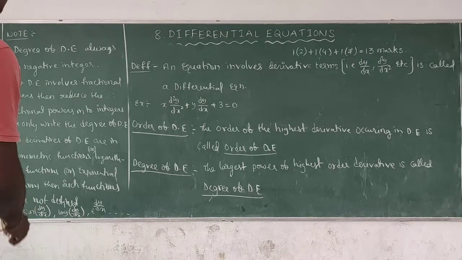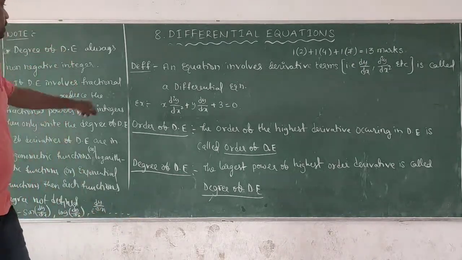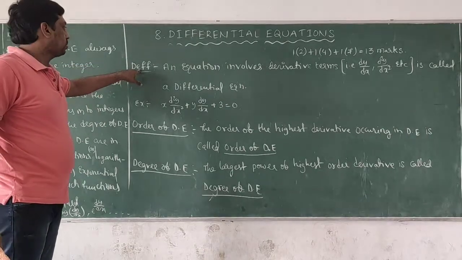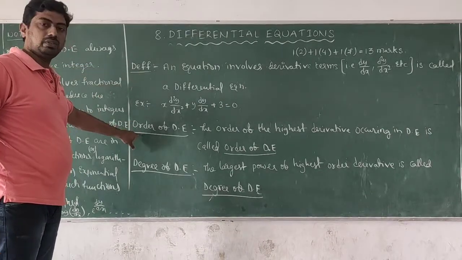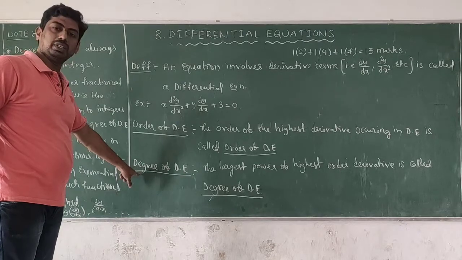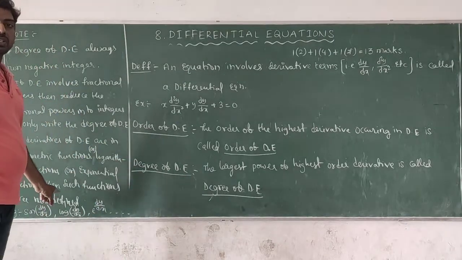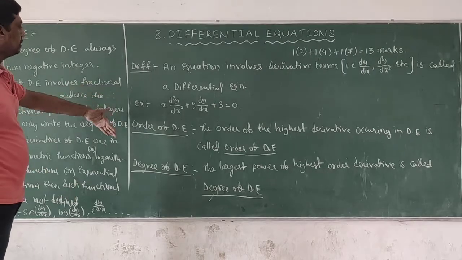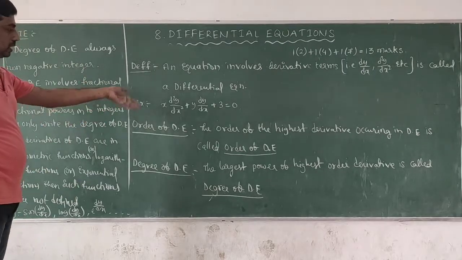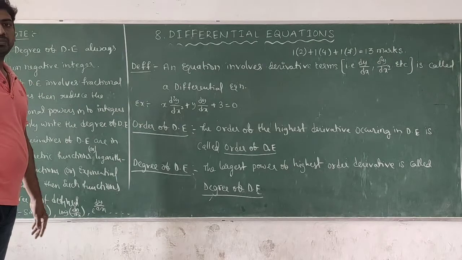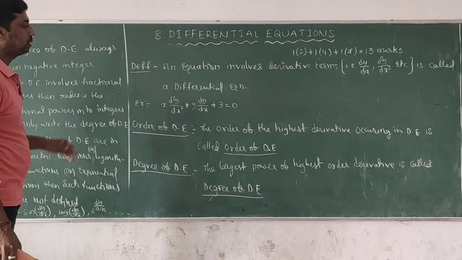Okay, students, now write the notes. This is the definition of a differential equation, order of the differential equation, degree of the differential equation, and conditions to write the degree. This is the matter which I explained previously. Write down the notes.